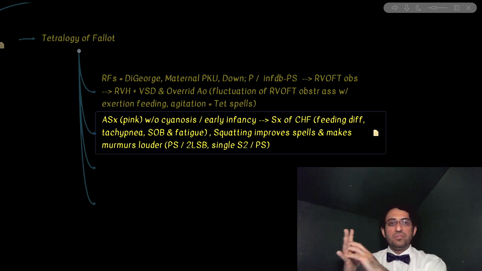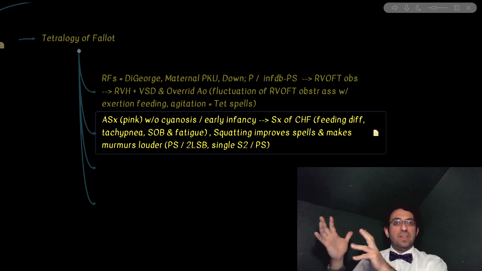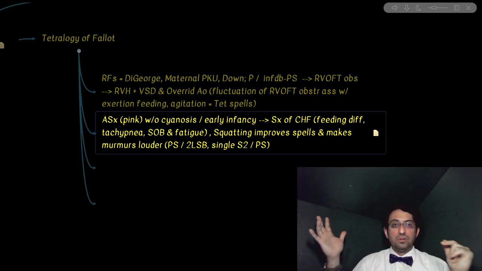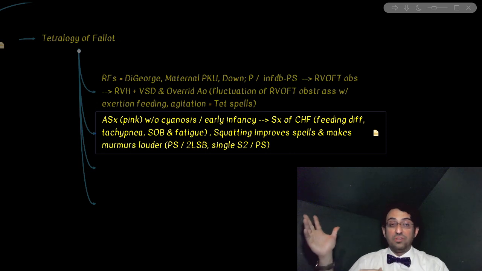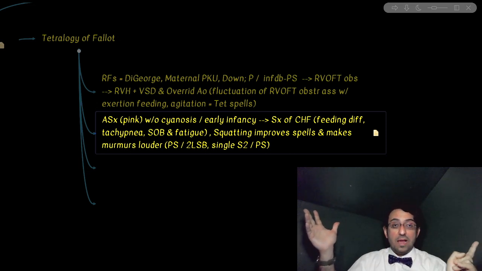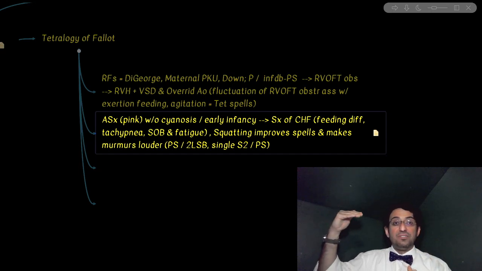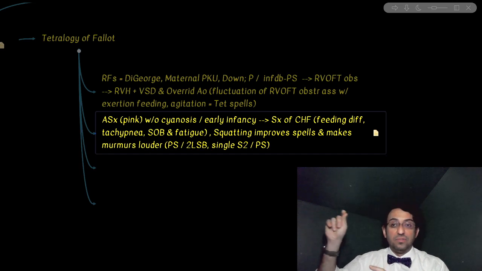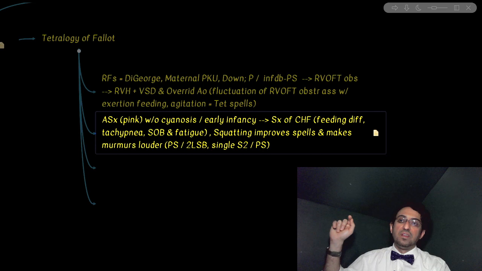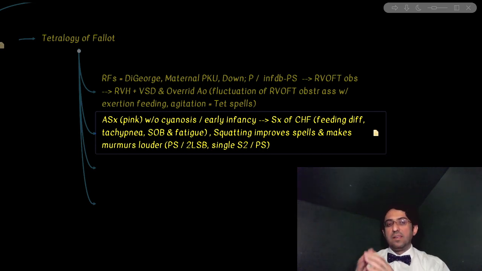But because in tetralogy we have a second outflow for the right ventricle, and that is the ventricular septal defect, pay attention that this time the direction is from right to left, contrary to isolated VSD. This time, increased severity of stenosis of the right ventricular outflow tract would result in silencing of the murmur of pulmonic stenosis. I cannot emphasize this fact enough.